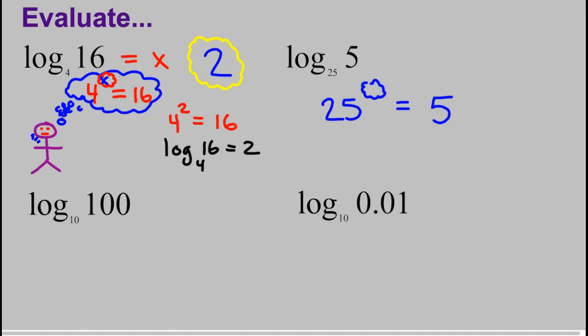Who agrees with Dylan? Who, hey, by the way, who raised his hand like a polite young man would. Nice job. All right, does anybody disagree? Nope, I agree. That's good. It's 1/2. So Dylan has a pretty good little working memory of exponents here. He recognized that 1/2 is the same as square root probably, and the square root of 25 is 5.